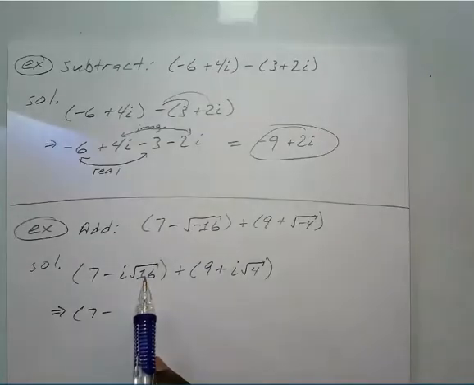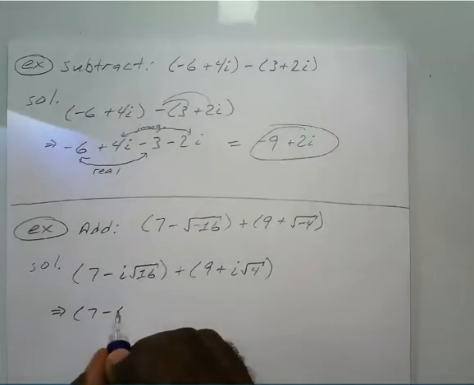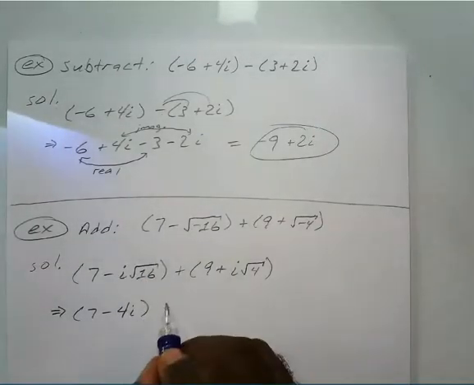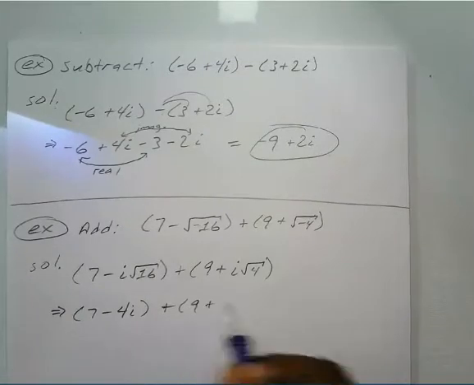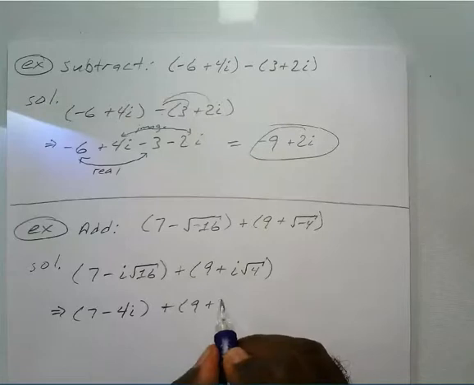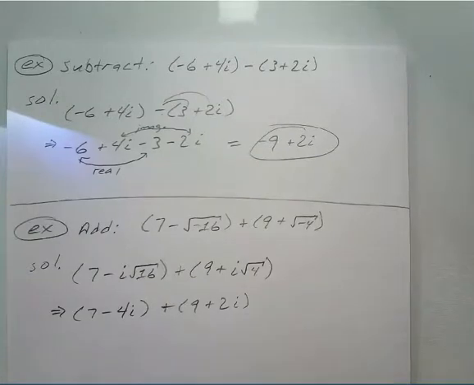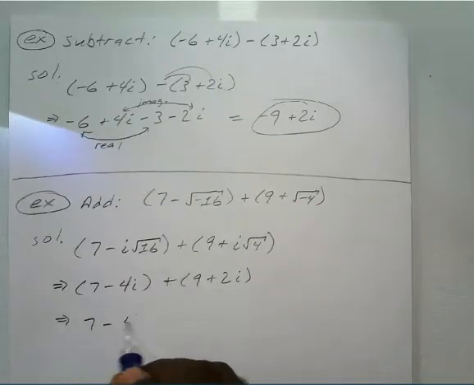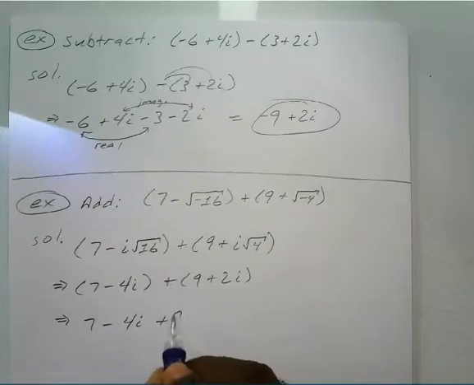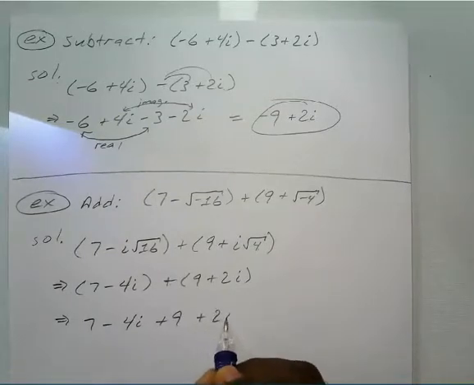So square root of 16 is 4, so we have 4 times i, plus 9 plus square root of 4 is 2, so we have 2i. Since this is positive and this is positive, we can drop the parentheses. So you have 7 minus 4i plus 9 plus 2i.